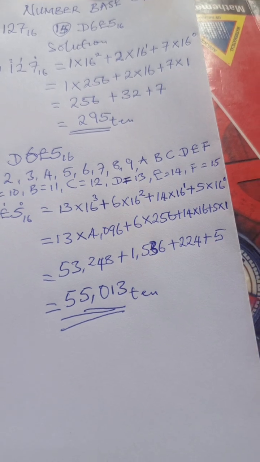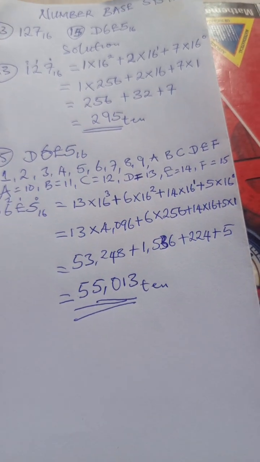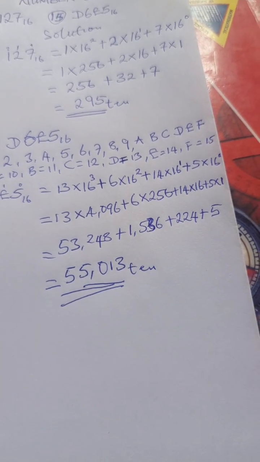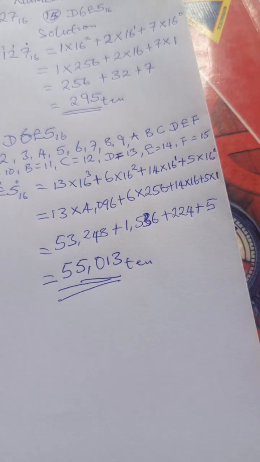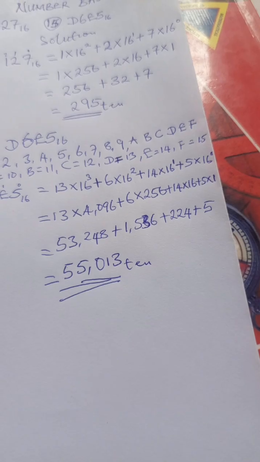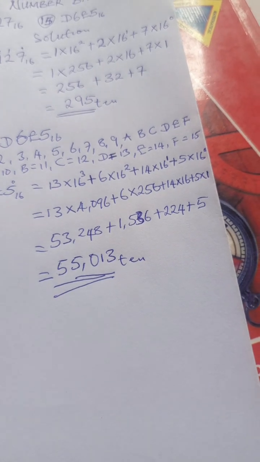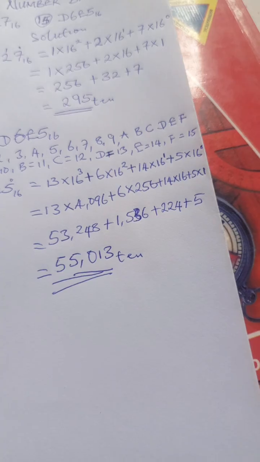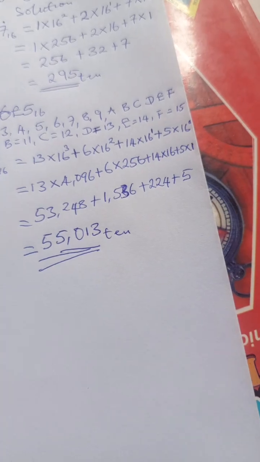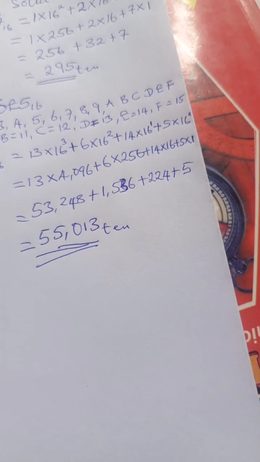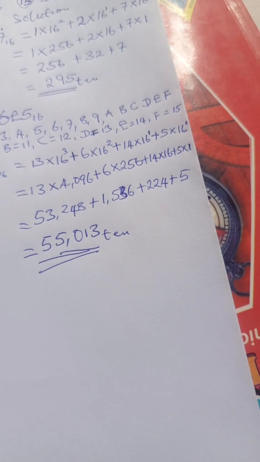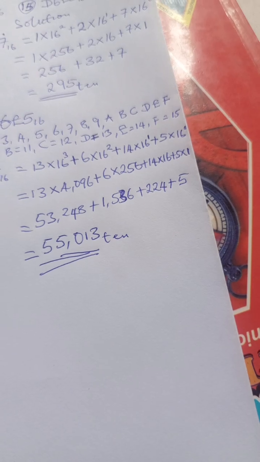We have 1, 2, 3, 4, 5, 6, 7, 8, 9, then from 9 we have A, B, C, D, E, F. A is equal to 10, B is equal to 11, C is equal to 12, D is equal to 13, E is equal to 14, and F is equal to 15.